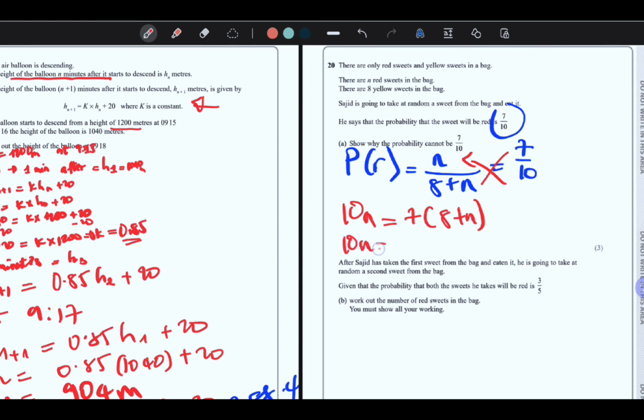So 10n equal to 56 plus 7n. I'm going to subtract 7n on both sides. We're going to have 3n equal to 56, and n would be 18.66, which makes the number of red sweets a decimal, which is not correct. It's supposed to be a whole number.